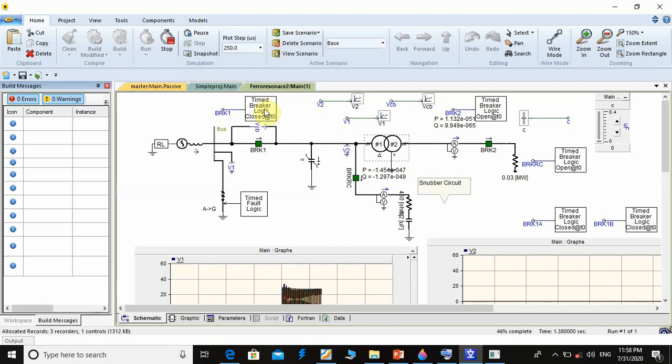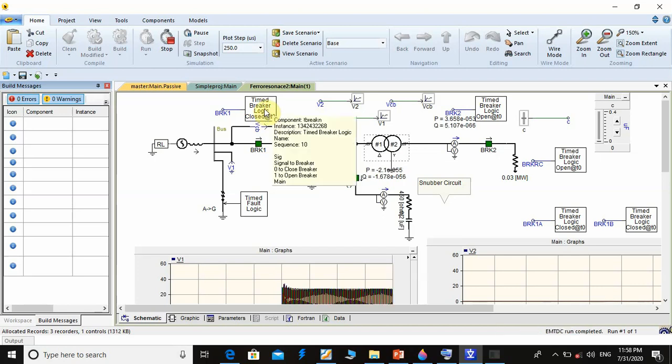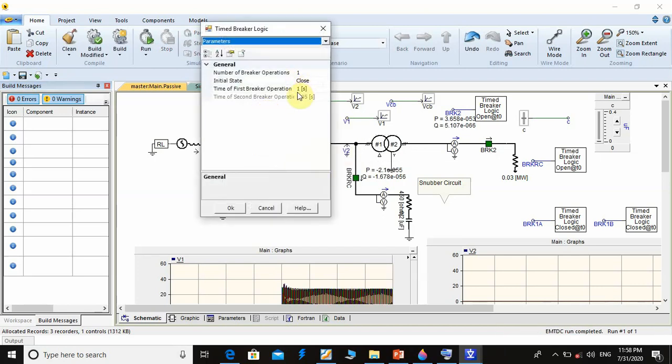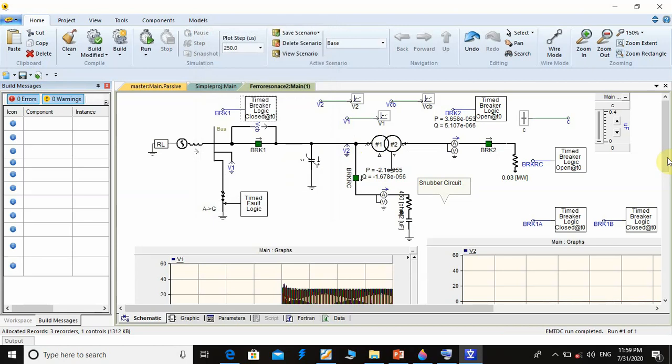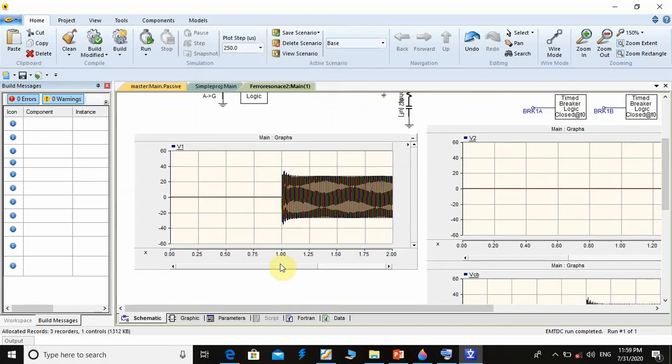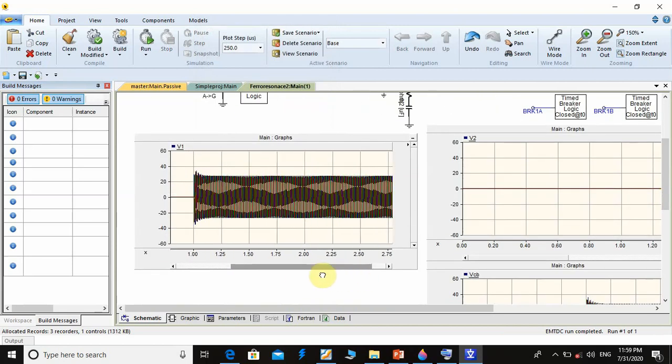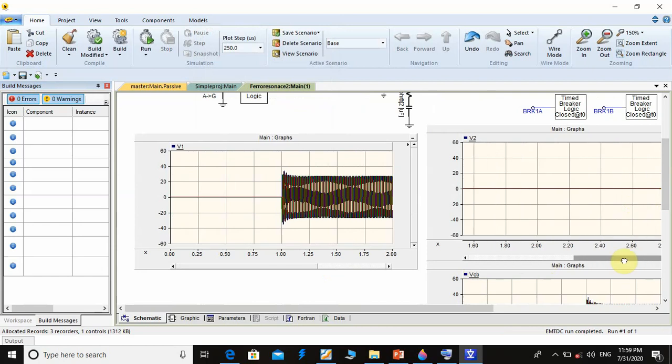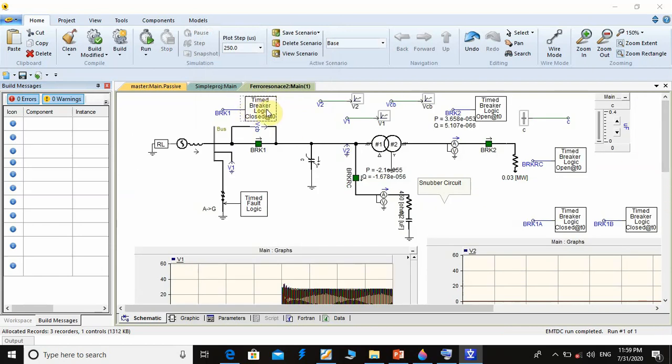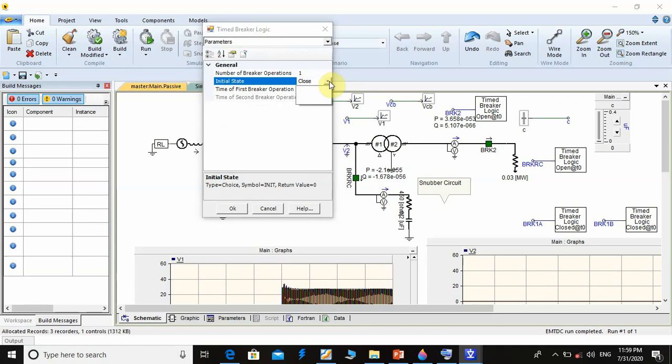I forgot something: the breaker here closes for 1 second. After 1 second the breaker opens, de-energizing the transformer.